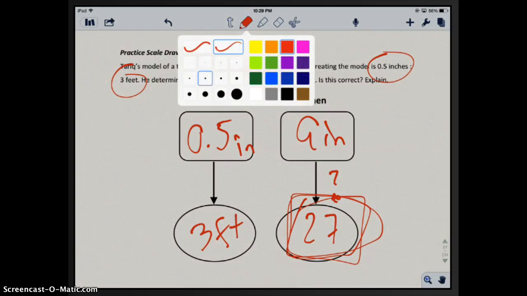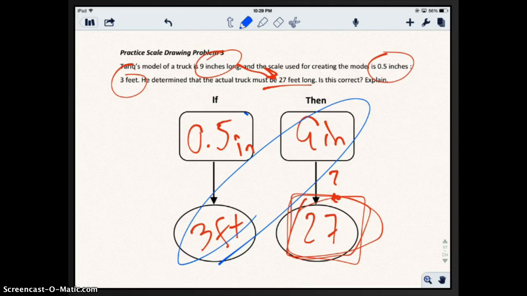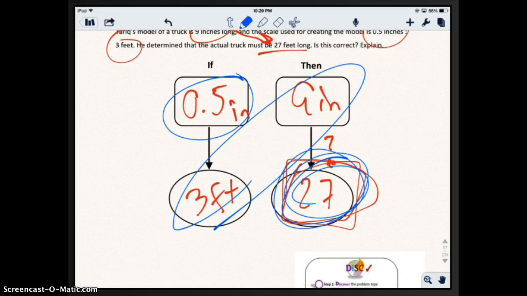Well, here's what we do to solve this. We need to figure out if that 27 is correct. So we should cross multiply and solve, or multiply across, or multiply vertically, whatever, to figure out what we would put here. He thinks it's 27. 3 times 9 is 27, and then divided by 0.5, well, that's going to be actually 54. Not the 27 he got.